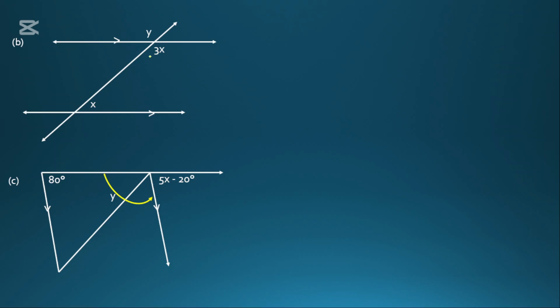We know that these two angles add up to 180 degrees because they are co-interior angles, and we use that equation. x plus 3x is 180 degrees, co-interior angles. Add those two together and we get 4x is 180. Divide each side by 4, and x is equal to 45 degrees.